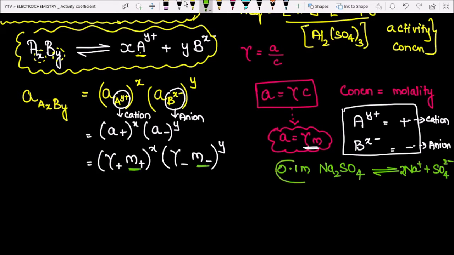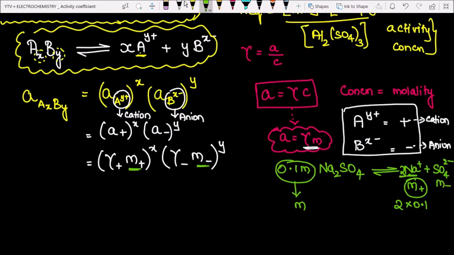Now the concentration of the salt is 0.1. If I have to find the concentration of the cation, m plus, how will I find it out? 2 into 0.1. This 0.1 is the m value, and m plus, the value for the cation, is the coefficient multiplied by this value. Similarly, what will we write m minus as?